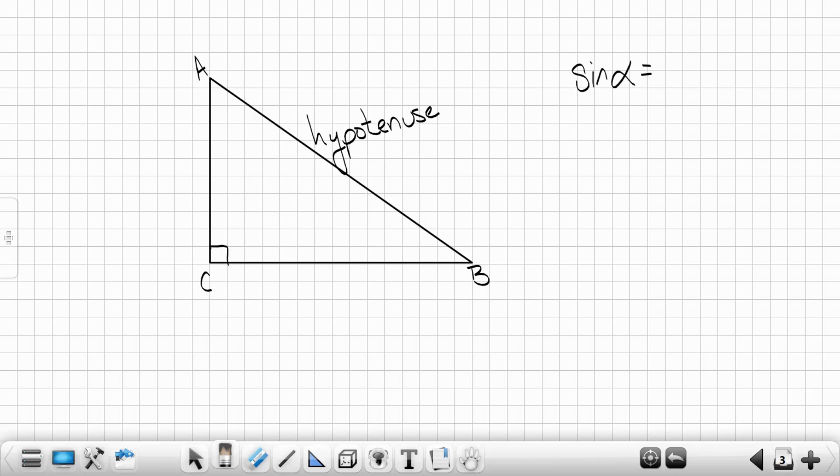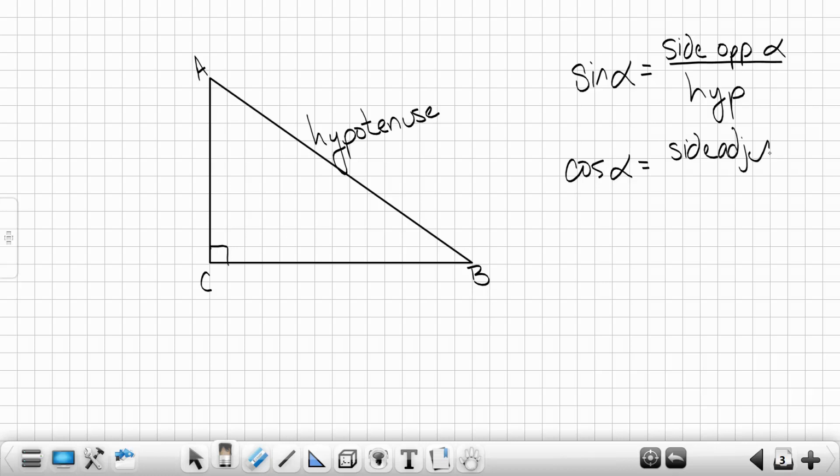Sine of alpha is equal to the side opposite alpha divided by the hypotenuse. Cosine of alpha is the side adjacent alpha divided by the hypotenuse.